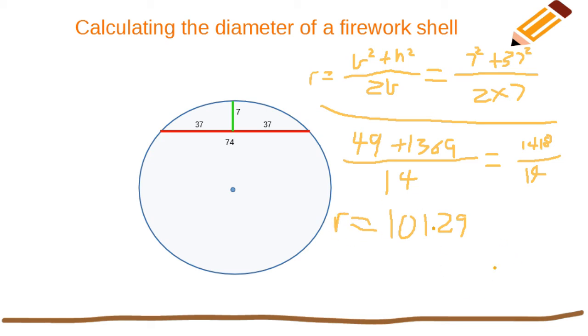Now we obviously call that the radius. Now with firework shells, you talk in diameter. So you want to figure out what the diameter is. It's not that hard. It's just times 2.